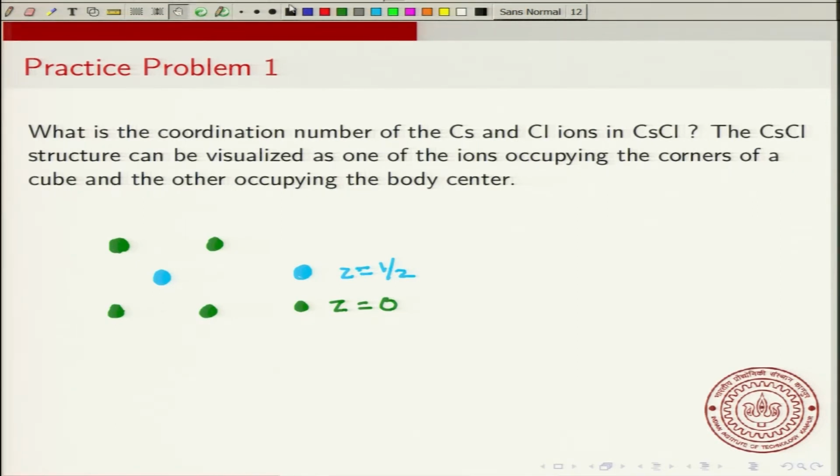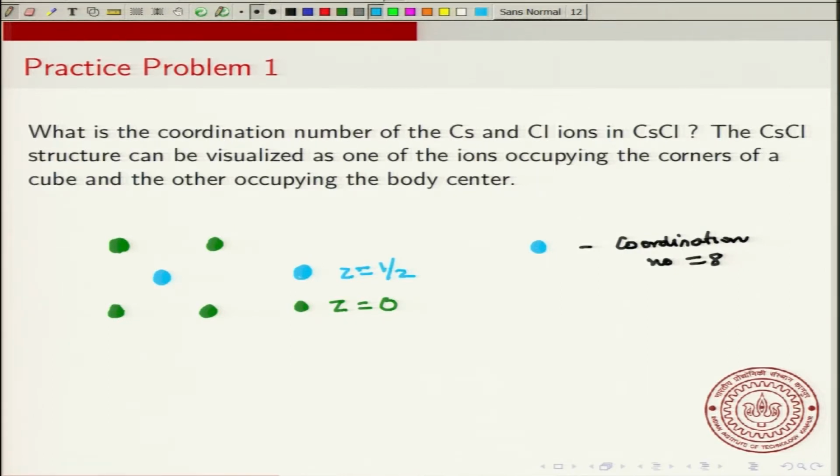So, clearly the coordination number is equal to 8. Yeah, the coordination number of these ions is equal to 8.